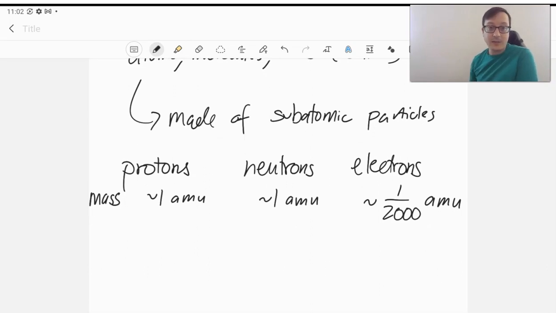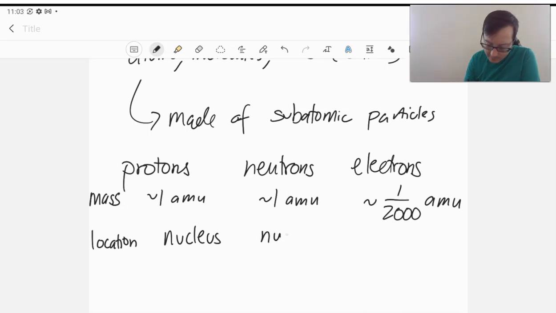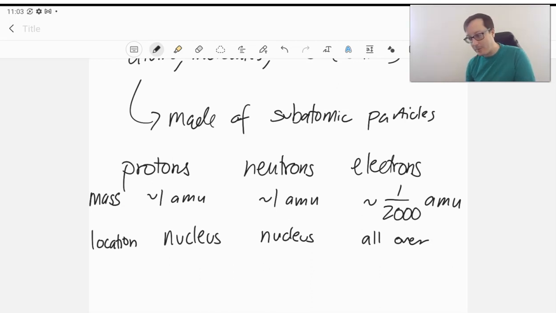So let's go ahead and look at these further. Within an atom, if we look at where these subatomic particles are located, we see that protons and neutrons are in the nucleus. That's the center of the atom. And electrons are all over. I'm going to say that we generally say they're in orbitals around, but the orbitals are probability distributions, and we don't actually have a fixed position on electrons.